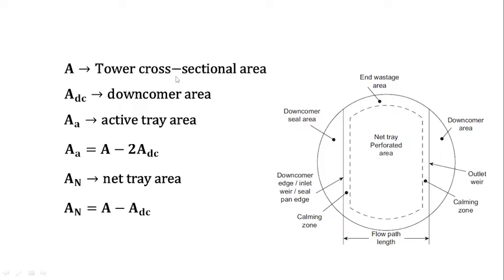If A is the total cross section area and ADC is the downcomer area, then active area AA is given by total cross section area minus 2 into downcomer area, and net tray area is given by A minus downcomer area.